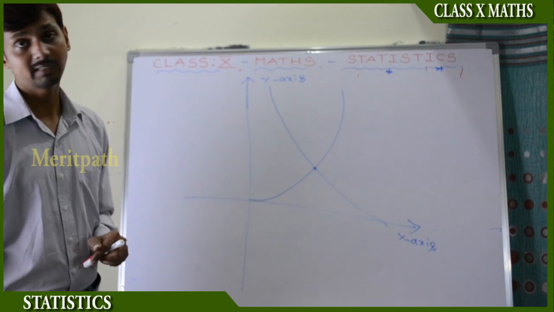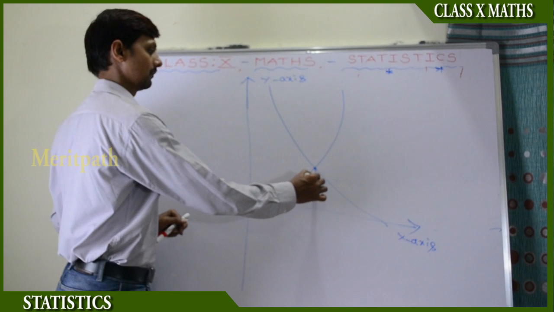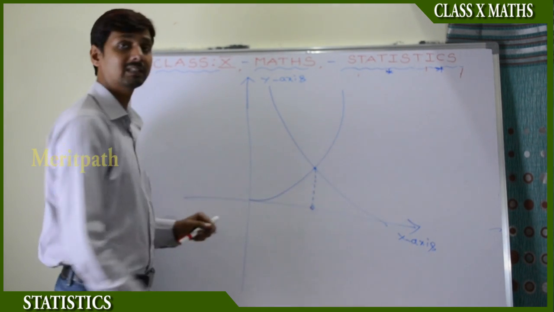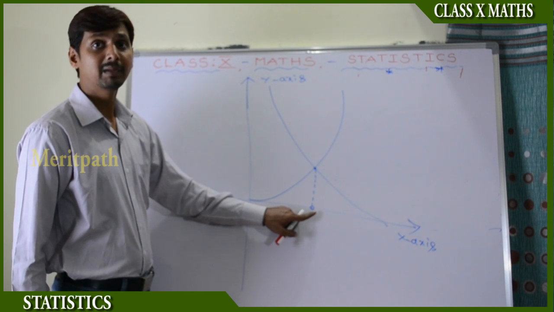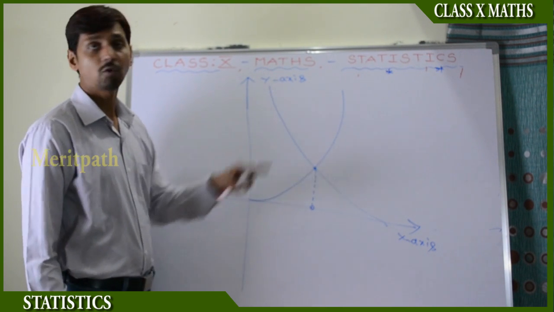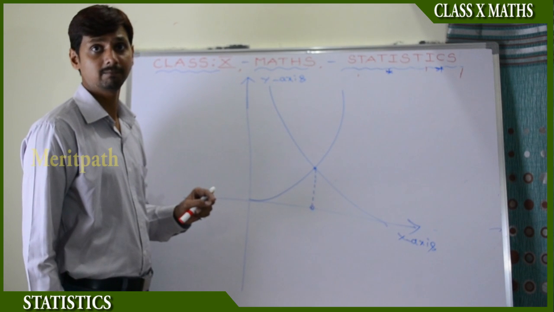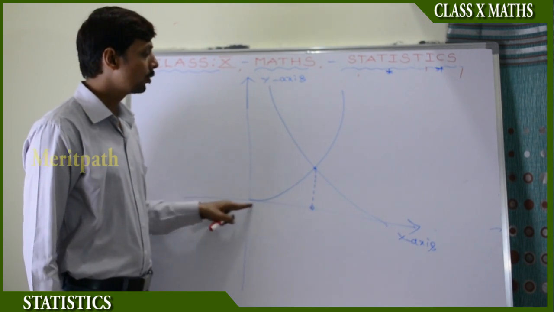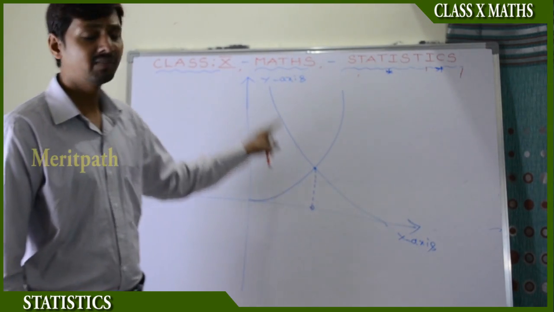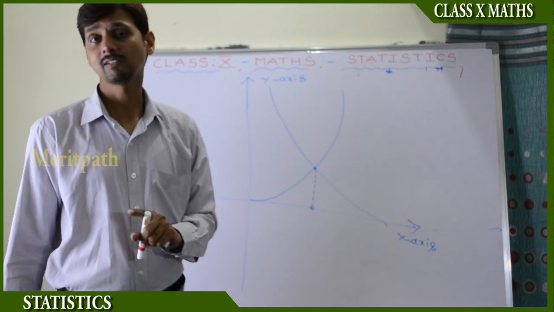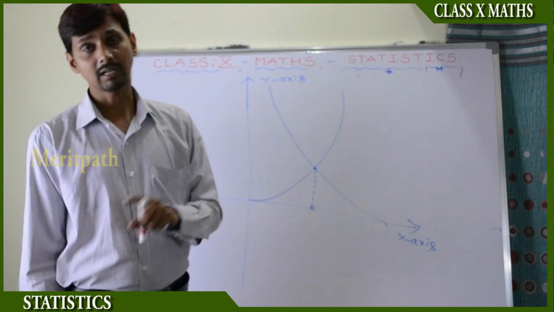That is the median of the class. When we read this point on the x-axis, it is the median of all this group data. So the less than cumulative frequency curve and the greater than cumulative frequency curve together are called the ogive curve.